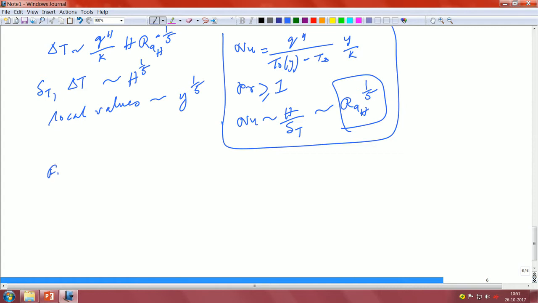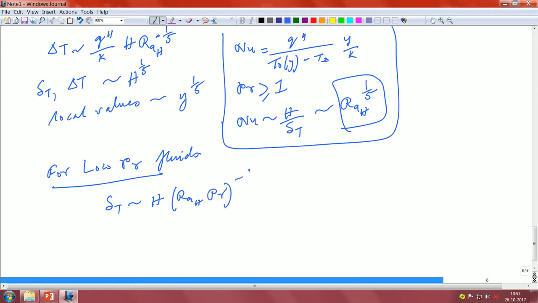Now, for low Prandtl number fluids, once again the methodology is almost identical. Now, it is Rayleigh number, Prandtl number to the power of minus 1/5, it is the same thing. There is absolutely no change.